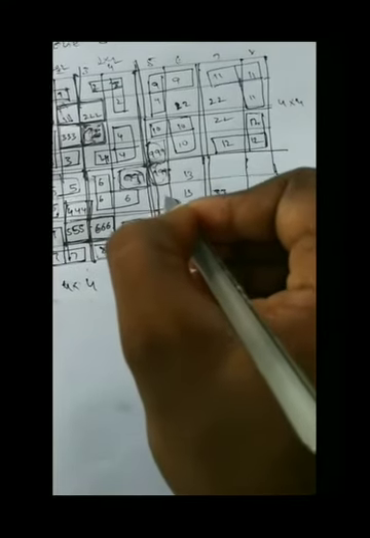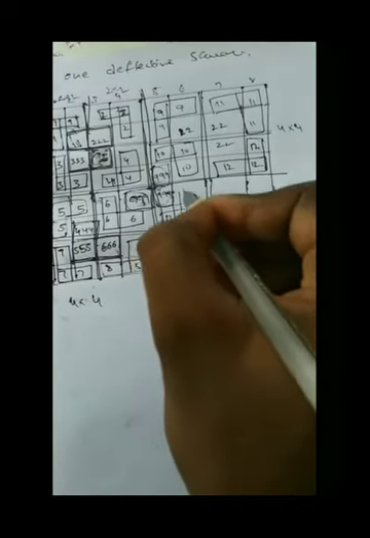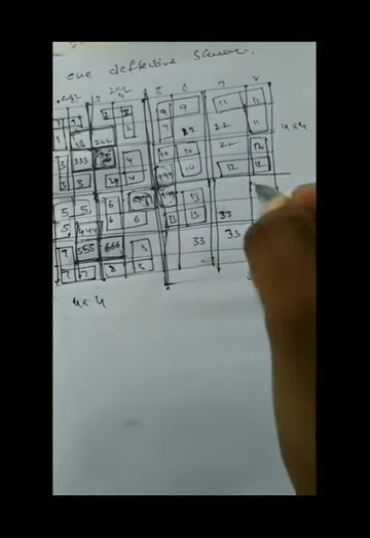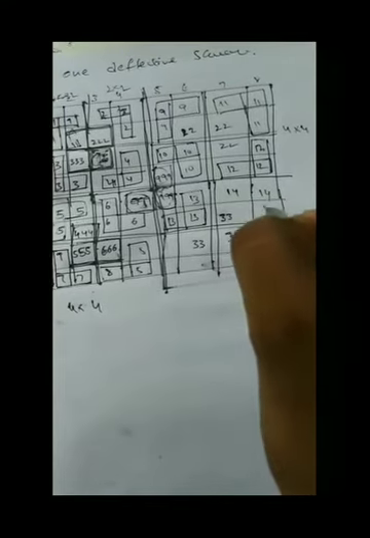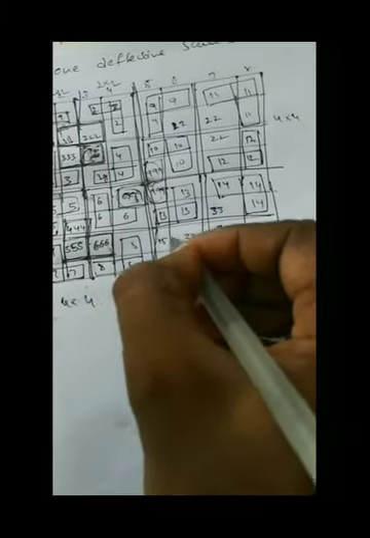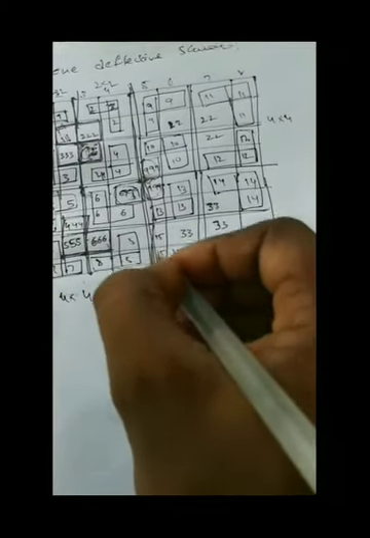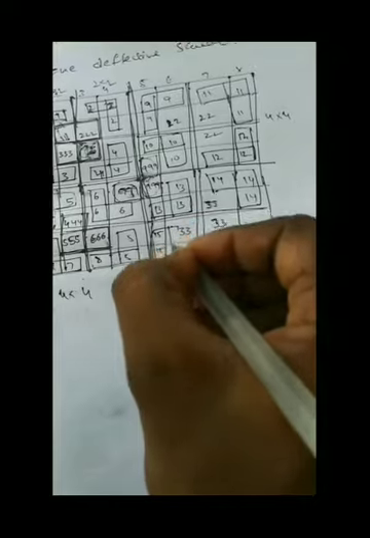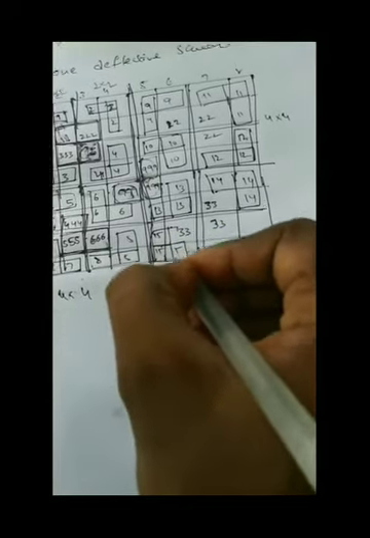Now the remaining are going to be identified here. The process is continued here. Likewise, apply the tiling.